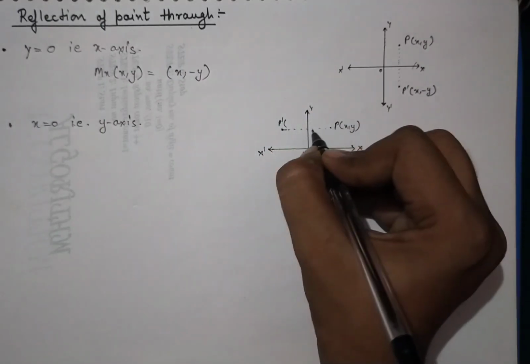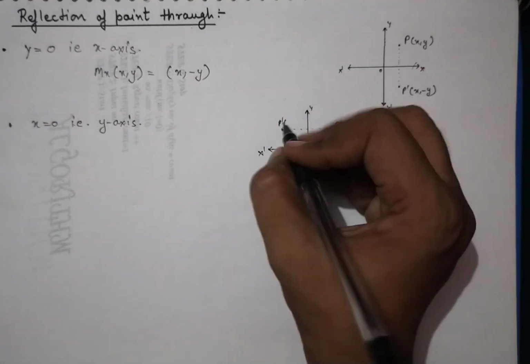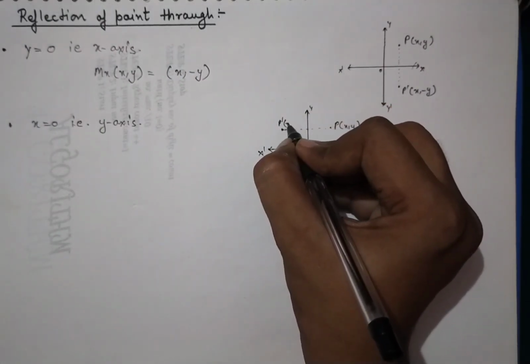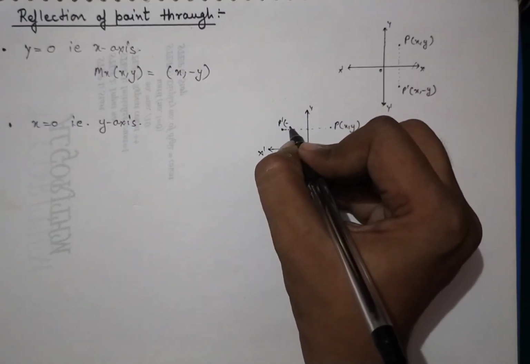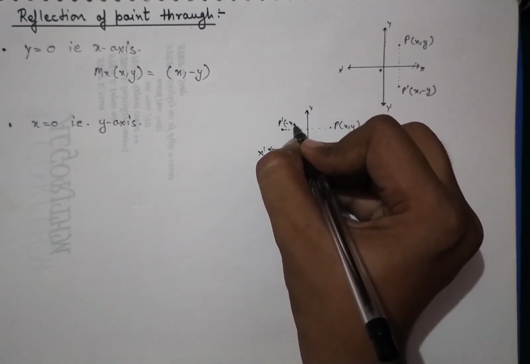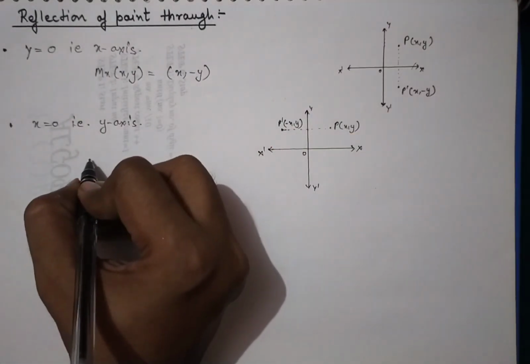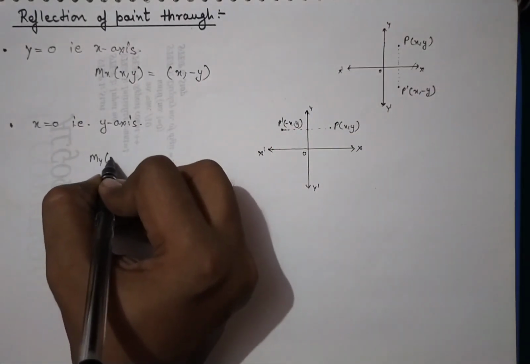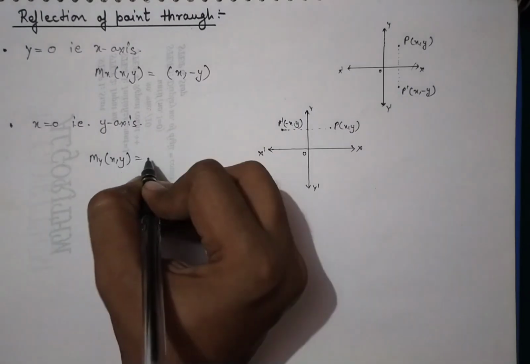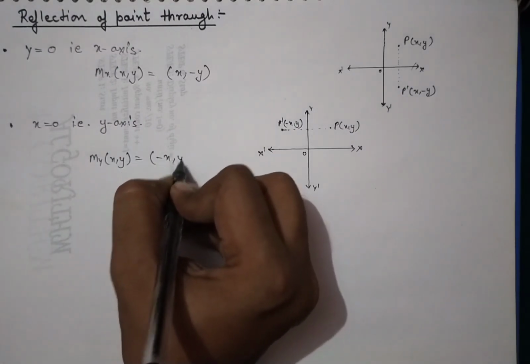Then we see that y is on the same line, so we change the sign of x only because it is shifted to the left side of the origin, so (minus x, y), and it is represented by M of y-axis of (x, y) equals (minus x, y).